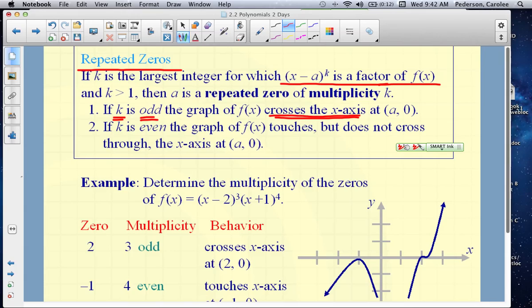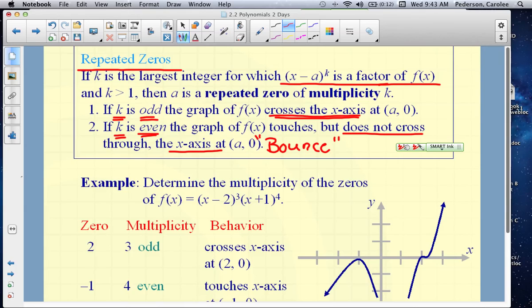So think about the horizontal x-axis. If the k is even, which was the example yesterday, then it touches the x-axis but doesn't go through it. I call those the bounces that happen. It does not cross the x-axis. There's going to be a bounce.